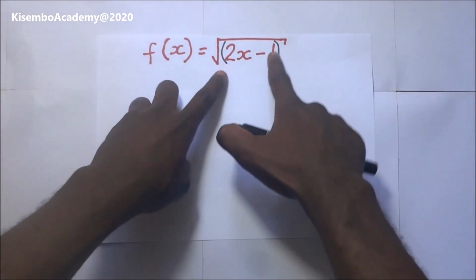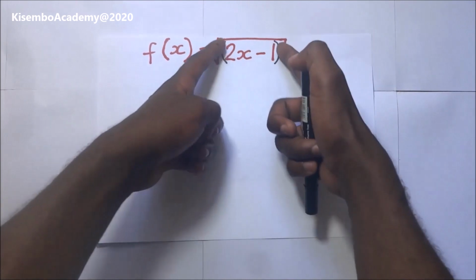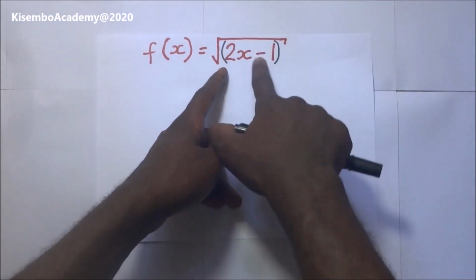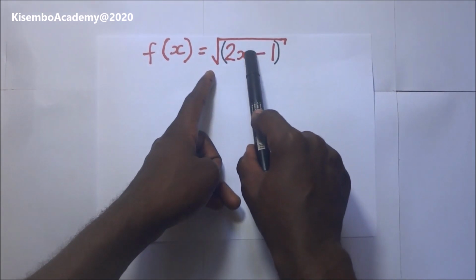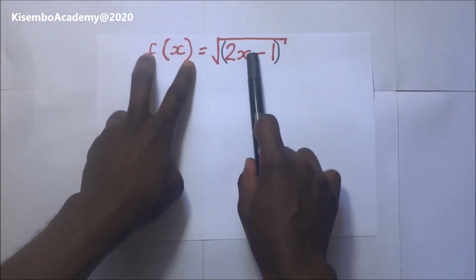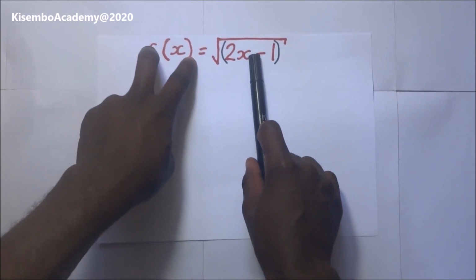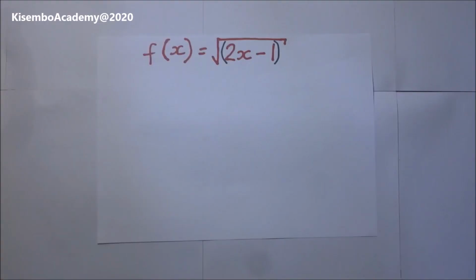If we put in a value of x such that 2x minus 1 gives us a negative number, the output value will be undefined, because we do not have the square root of a negative number.